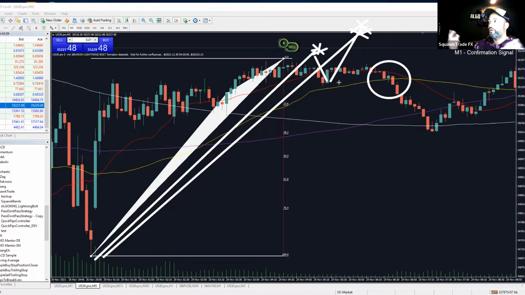Either you're going to see it repaint, and then we need to wait for a true sell signal, or you can get the lightning bolts immediately, look at your confluences and determine whether you want to make the entries or not. That's the way I designed it.